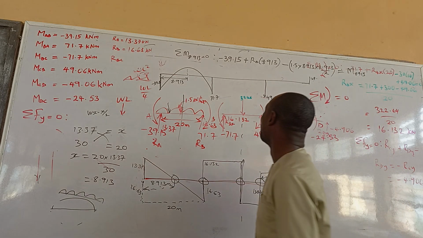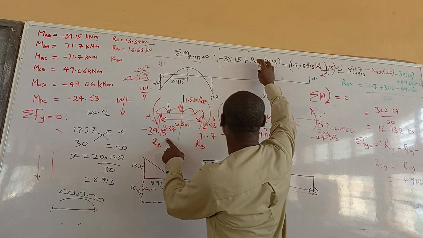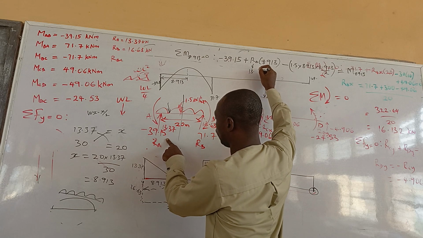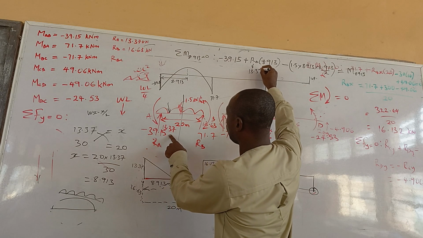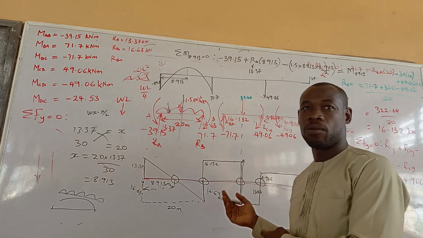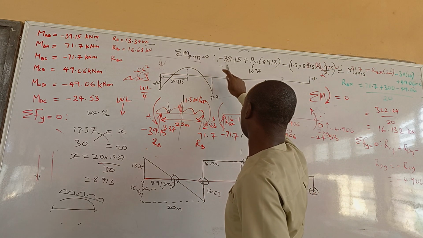Now, this R A, we already know it's 30.337. I'm only putting R A so that you understand what I'm trying to draw there. Now, let's do the calculation.